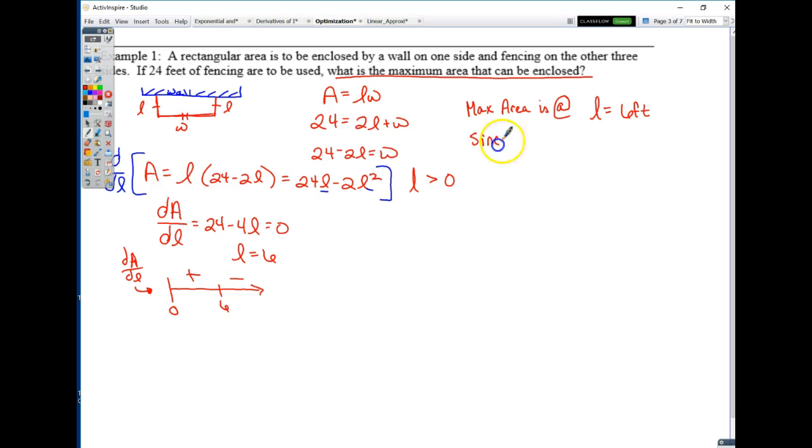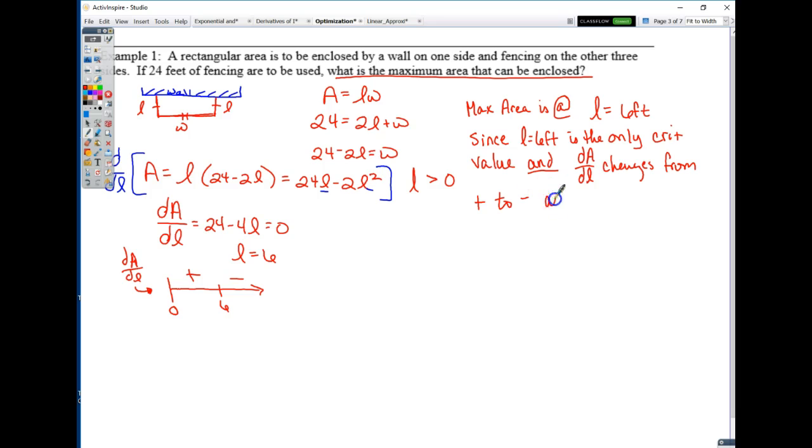Since L equals 6 feet is the only crit value, and the dA/dL changes from positive to negative at L equals 6 feet.